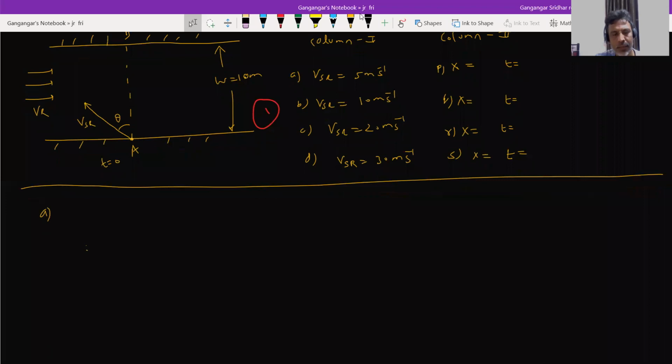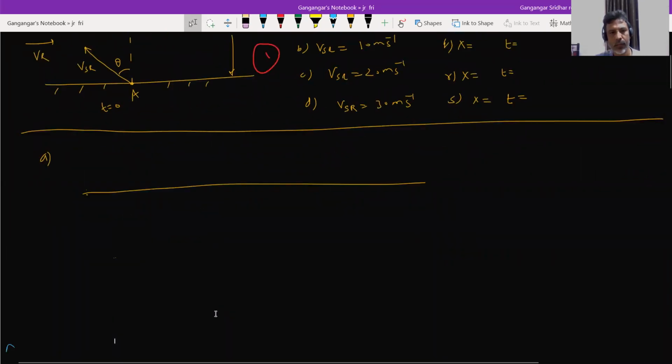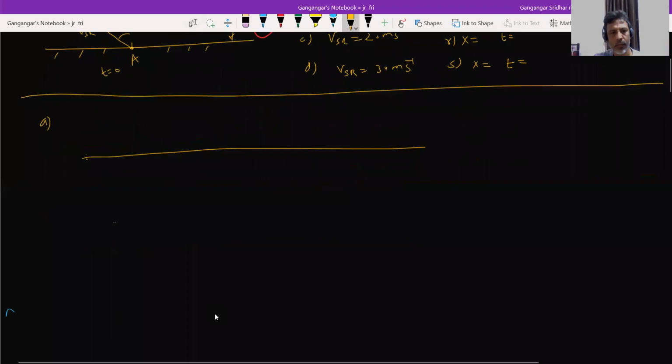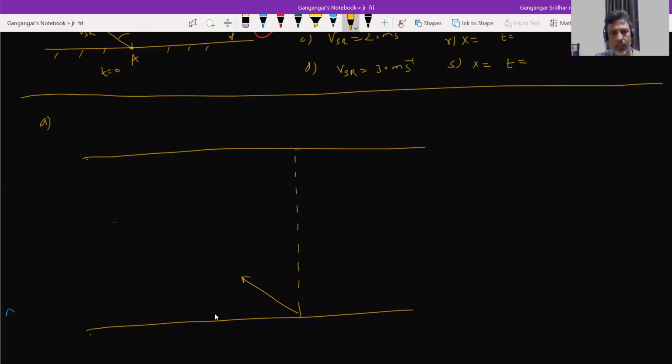Okay, there's a river bank. Theta is given, there's a start point. We will start at t equal to 0 as usual. This is B. Now what are the values we have?